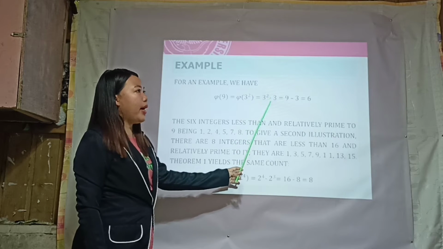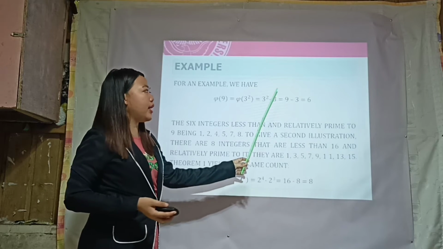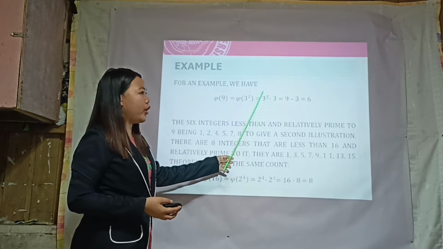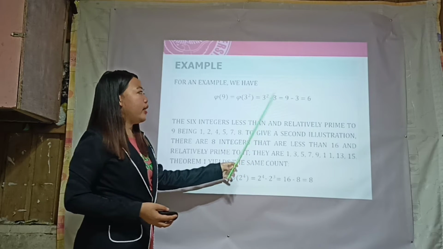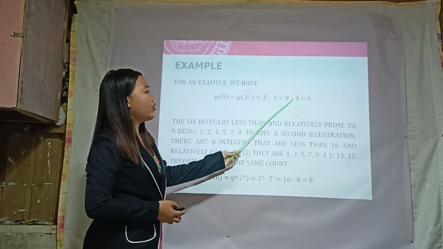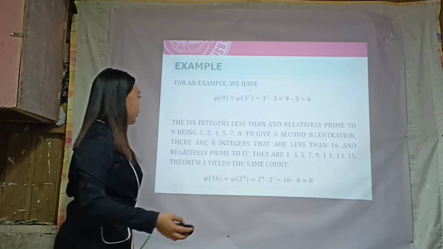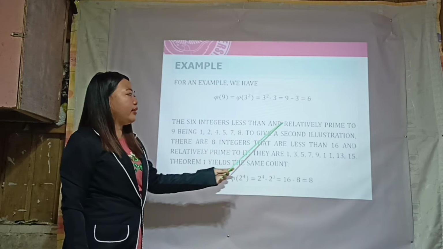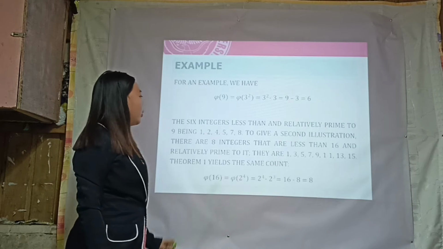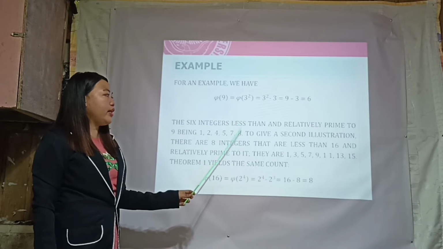Then minus p raised to the power of k minus 1, which is 3 squared minus 1, is equal to 3. So, 3 times 3 is equal to 9. Then, minus 3 is equal to 6. The 6 integers less than and relatively prime to 9 being 1, 2, 4, 5, 7, 8.